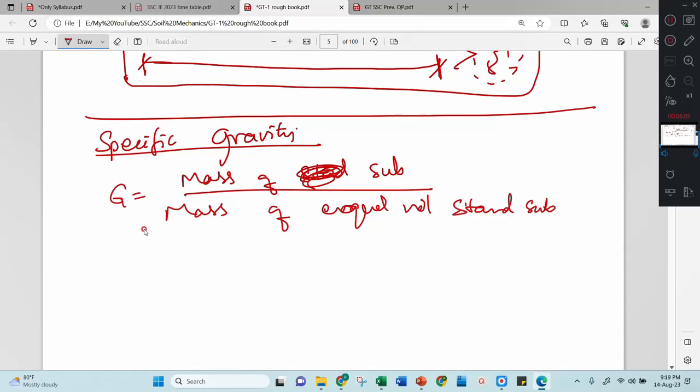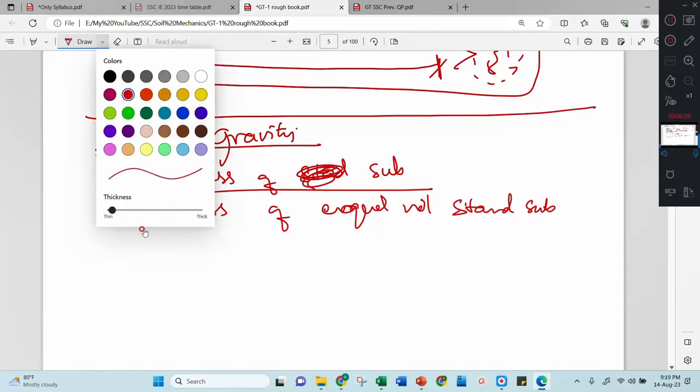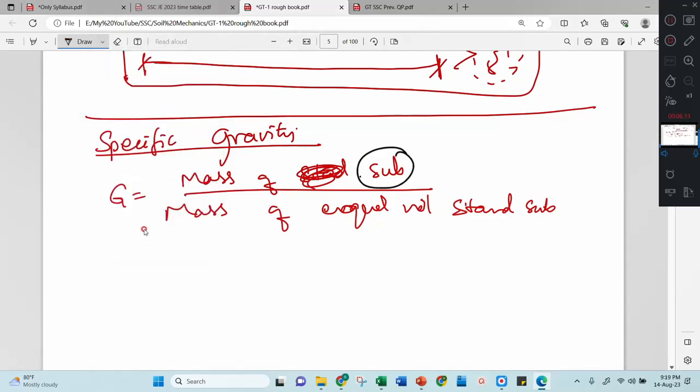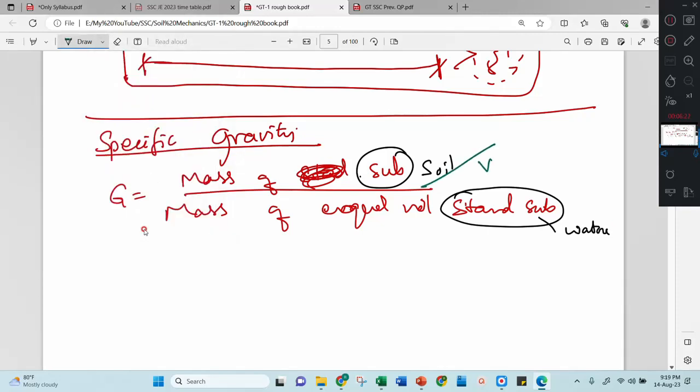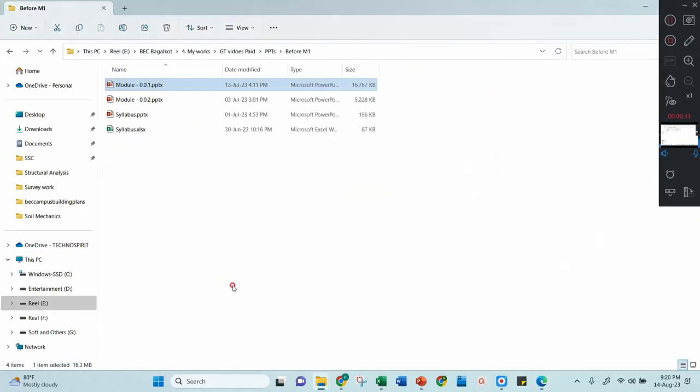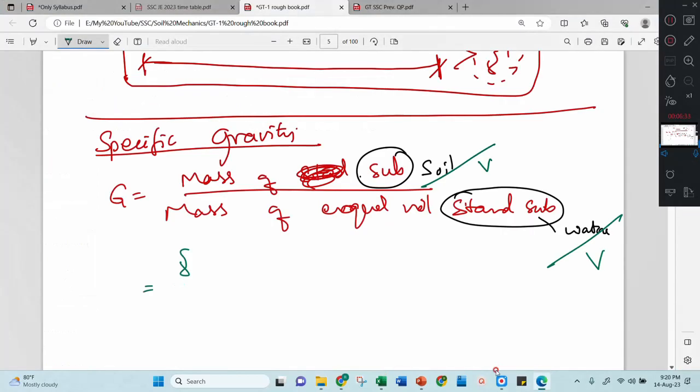If I consider this substance as soil, then the standard substance I will consider as water. Then here a mass is there, but this mass divided by volume and this mass divided by volume, both numerator and denominator divided by volume. Therefore, I will be getting density of the soil divided by density of the water.